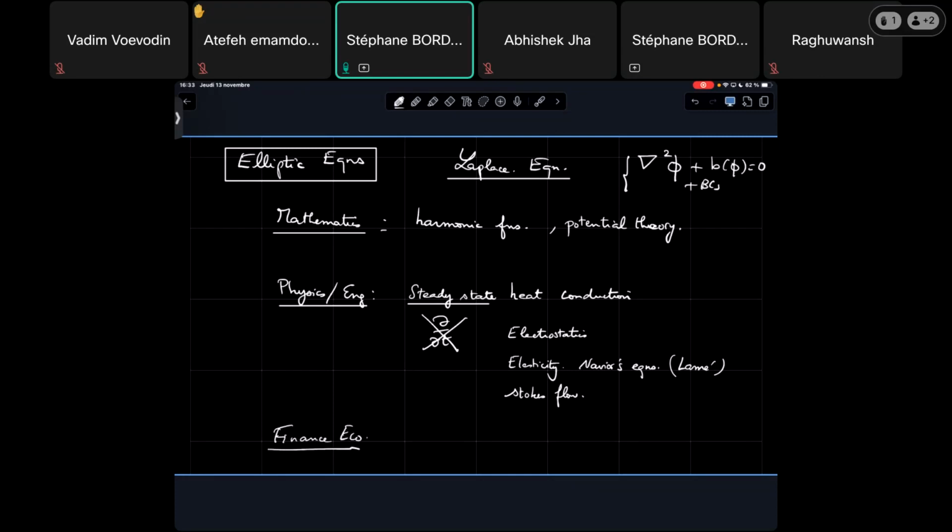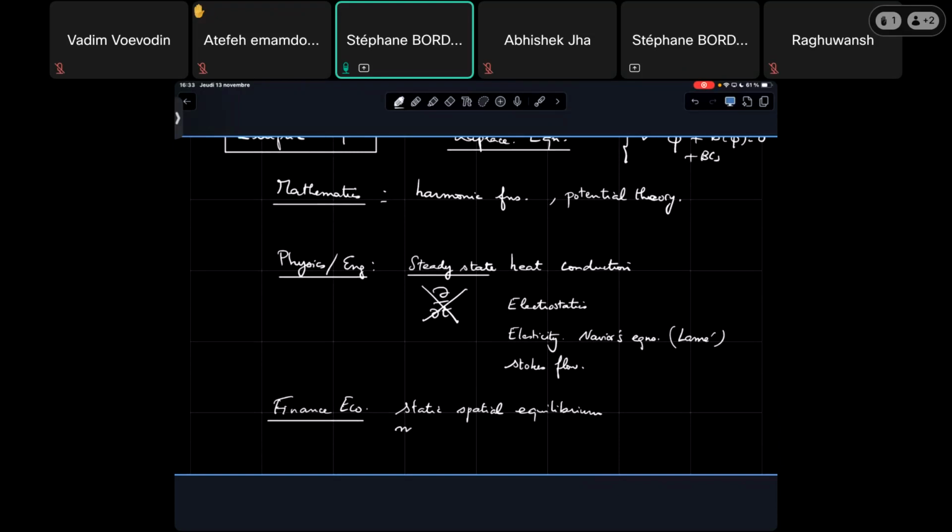Because I know a few are in that area. Anything that has spatial equilibrium that is static, so static spatial equilibrium. That could be for exchange of goods, for example, potential-like formulation.